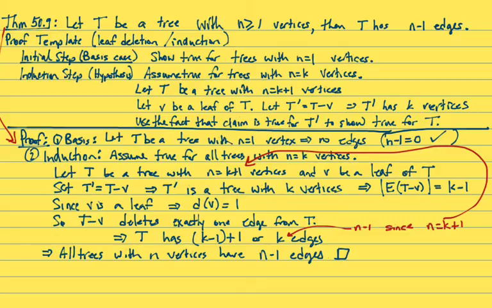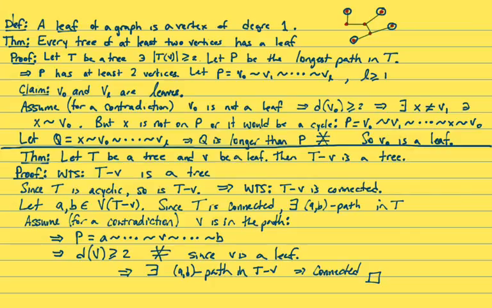Interesting fact. You can go back and take a look at some of our previous slides. In fact, I'm going to jump ahead and show you. If you look at this picture right here, this is a tree. There are 1, 2, 3, 4, 5, 6, 7 vertices. There are exactly 6 edges: 1, 2, 3, 4, 5, 6.